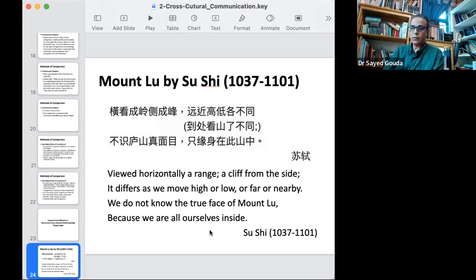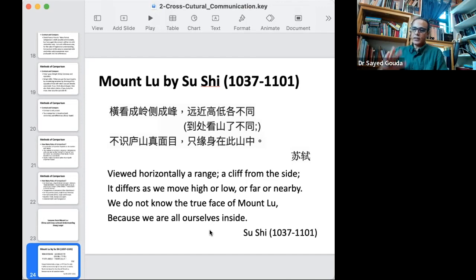That means if we distance ourselves, if we go farther from Mount Lu, we will be able to see it clearly and to get a better idea and better understanding and better view of Mount Lu.